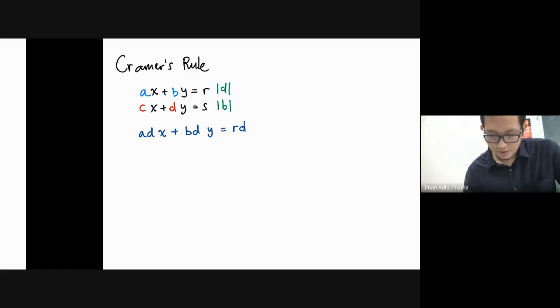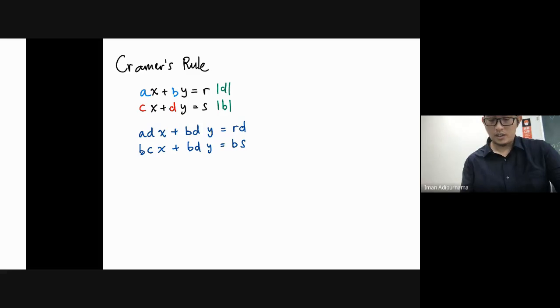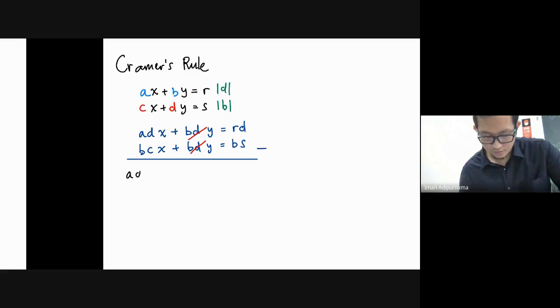Okay, and then b c x plus b d y is equal to b s. Okay, and then I need to subtract all this to eliminate the terms b d y. So I will cancel this, and I get the result a d x minus b c x is equal to r d minus b s.